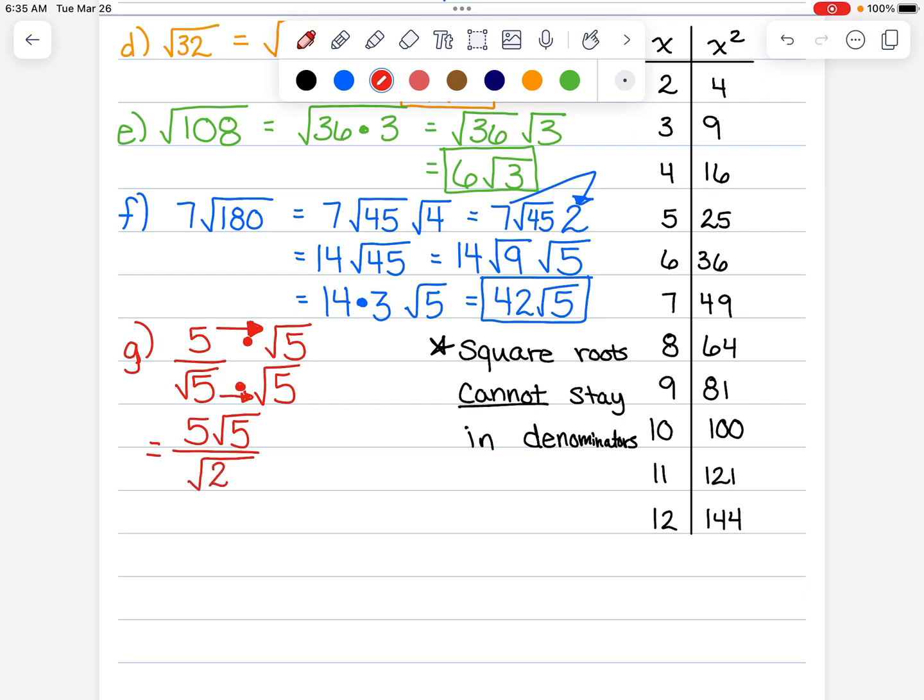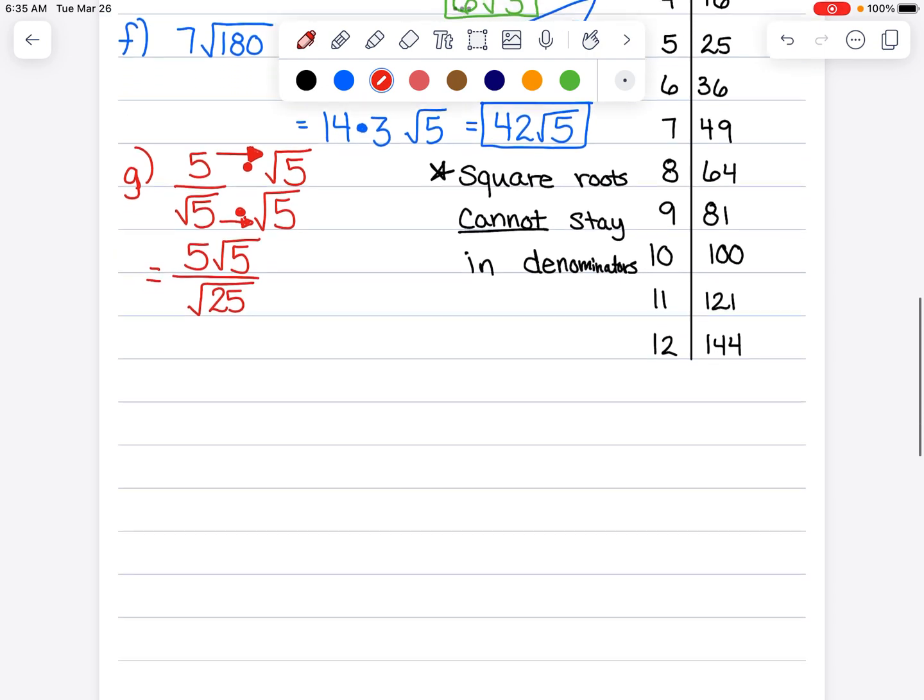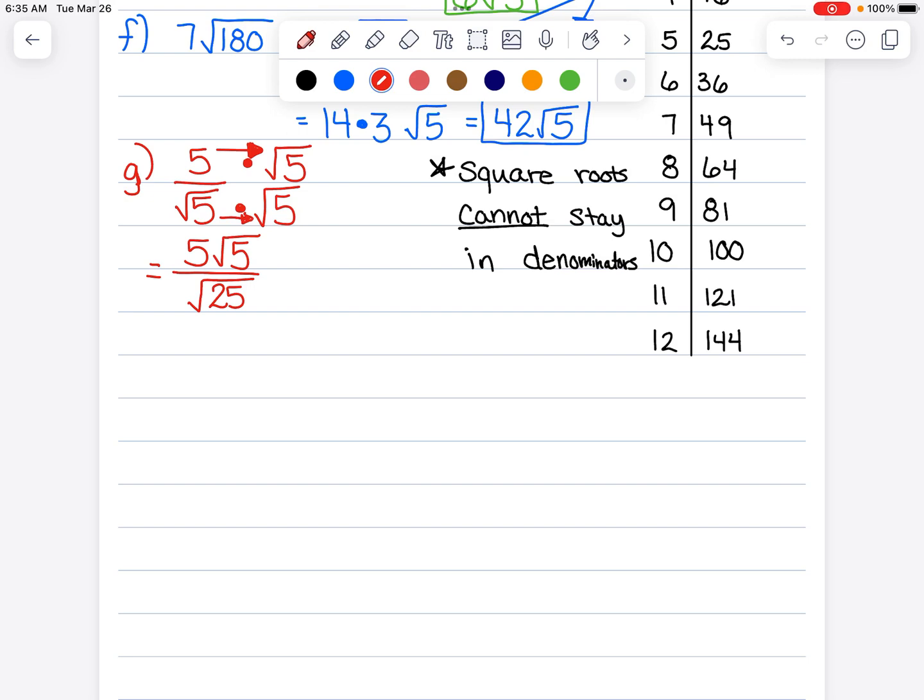And since it was in a square root, it stays in a square root. Our goal was to get the square root out of the denominator. Since we multiplied by the square root that was in the denominator, it's always going to become the square root of a perfect square. The square root of 25 is 5.